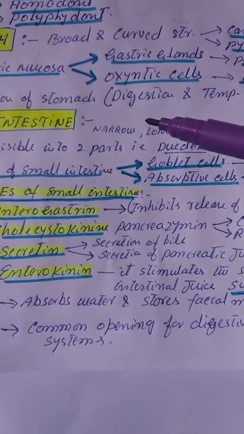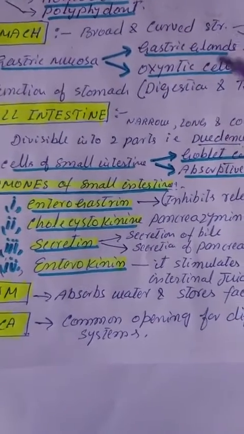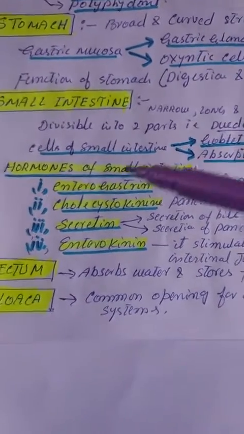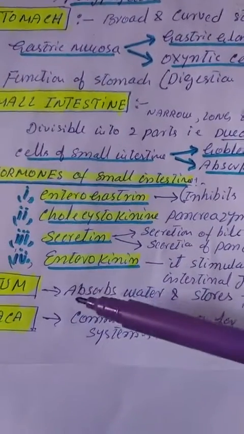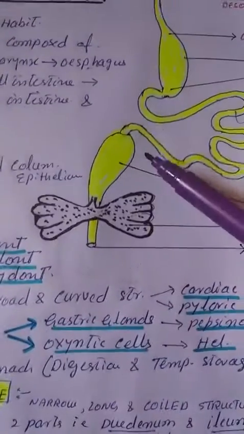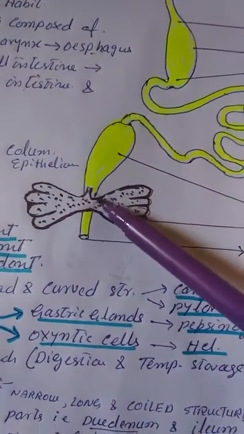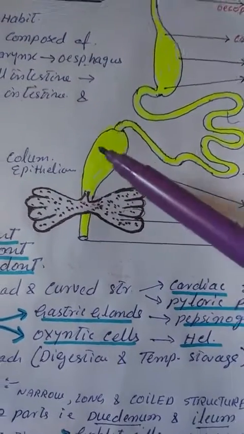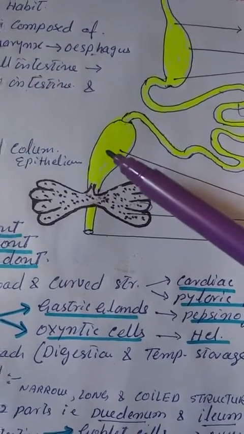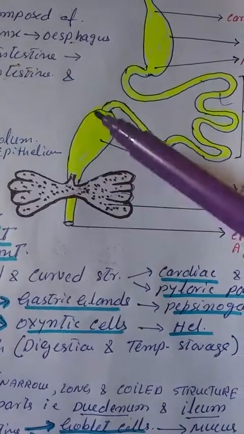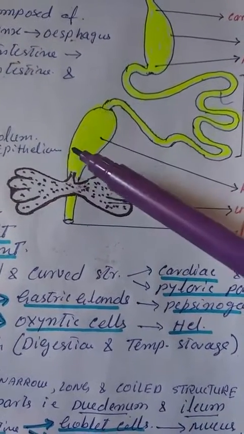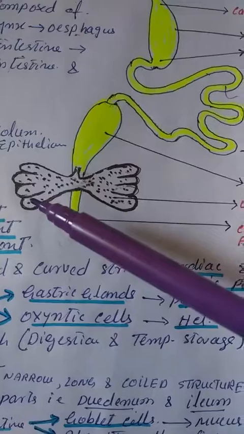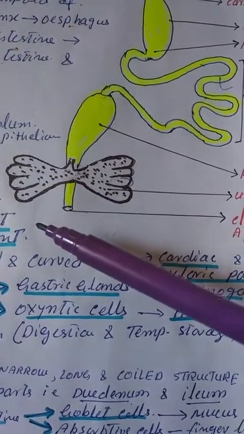After the small intestine, the alimentary canal opens into the rectum. As shown in this sketch, the rectum is the terminal part of the alimentary canal and is considered the large intestine. It is about 4 centimeters long and opens into the cloaca by the anal opening.